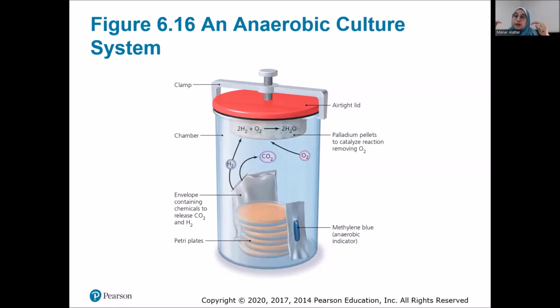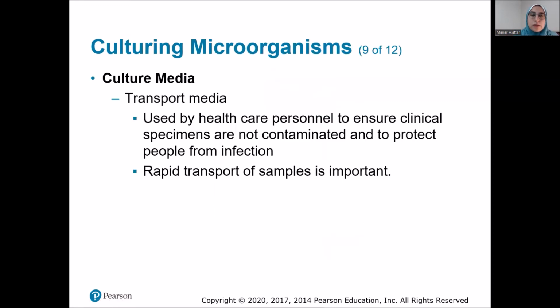Or if you pause the video and go into the links with the techniques, you can see the candle jar technique, where you essentially just put your various cultures inside of a jar, and then you utilize a candle to burn out the oxygen in that jar, and then you incubate them. Okay. And that allows you to grow organisms with various aero tolerance or oxygen requirements.